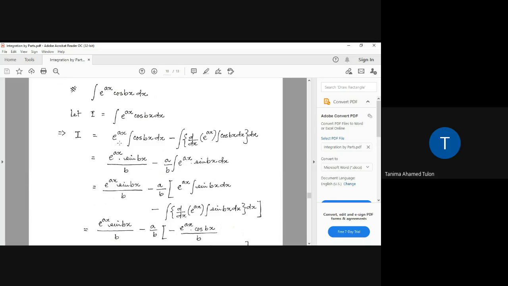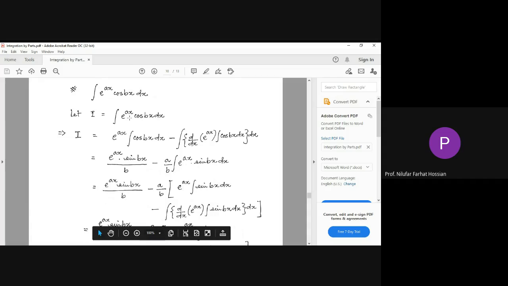So first, why did you choose it this way? Here you can choose e to the power ax as second function, cos bx as first function, no problem. Ultimately, you will get the same result. One thing you have to know, that you have to perform another integration by parts in between steps.